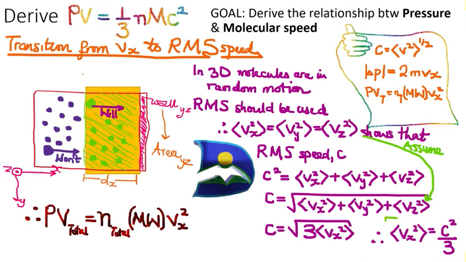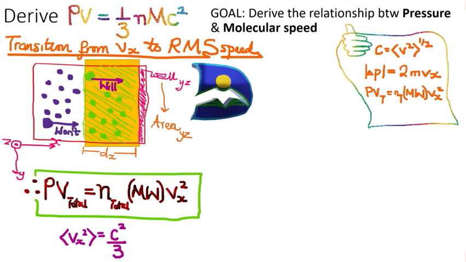Therefore, once we have this expression established, we will incorporate it in terms of the average or mean of the square velocity into the pressure relationship with the velocity on the x coordinate all squared. And once we see that, we're going to take the place of the v x to the power of 2 in place of the c squared over 3.